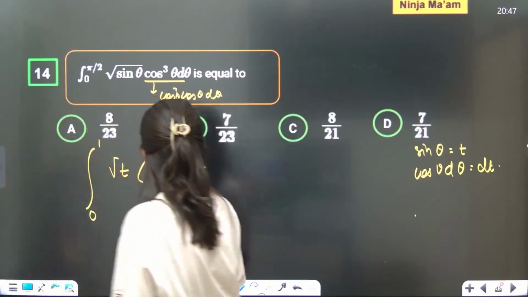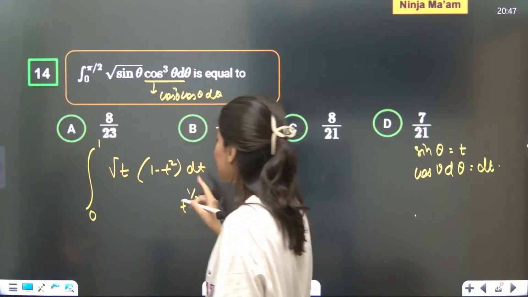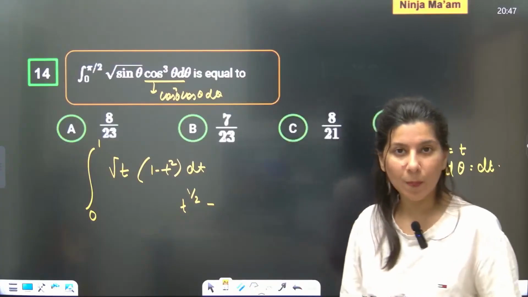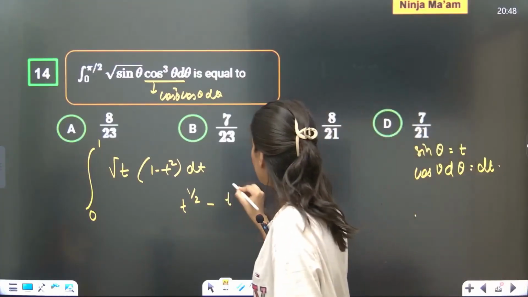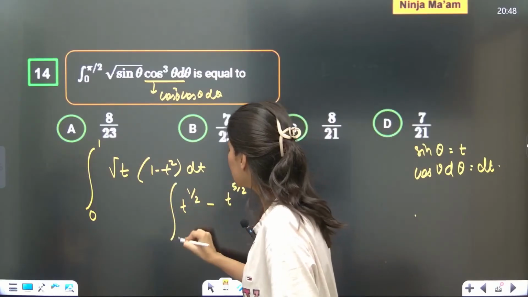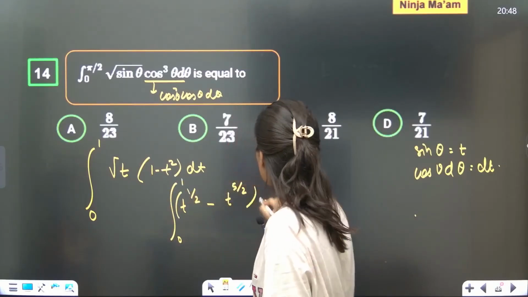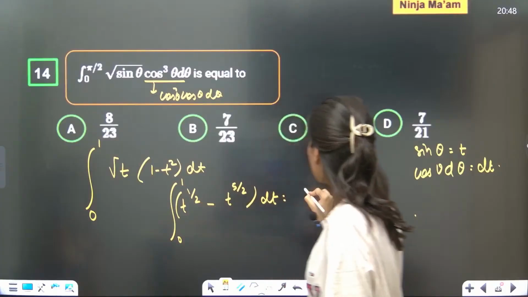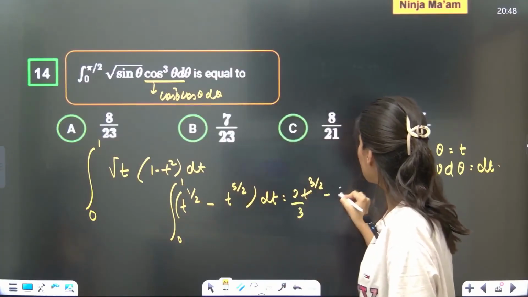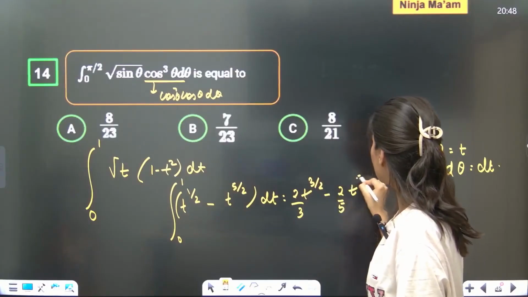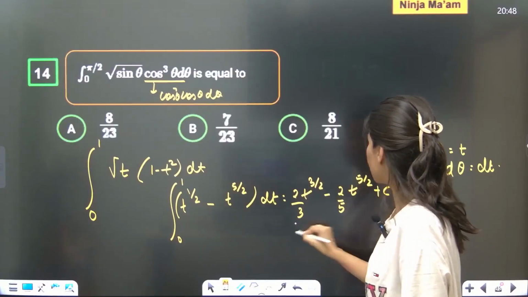Now you need to integrate t power half minus 2 plus 1 by 2, so that is 5 by 2. So t power 5 by 2, integration 0 to 1, dt. T power 3 by 2 is 2 by 3 minus 2 by 5 t power 5 by 2 plus c.